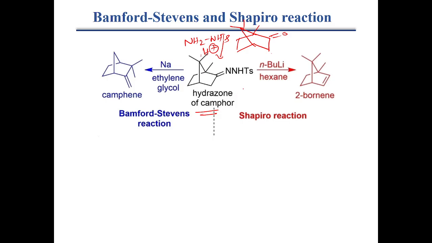Now, in presence of Shapiro conditions, such as n-butyl lithium two equivalents, it forms this product, and in presence of sodium methoxide in ethylene glycol, that is Bamford-Stevens reaction condition, it forms camphene.